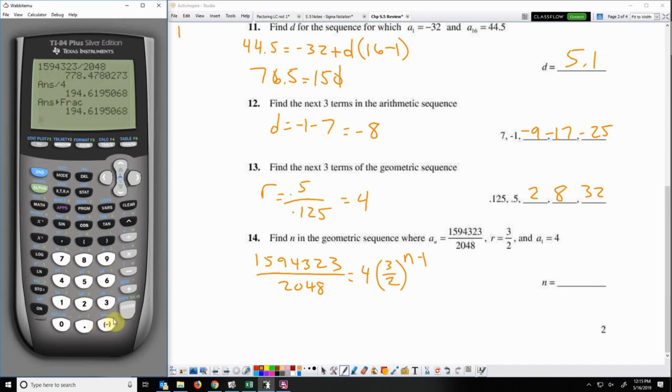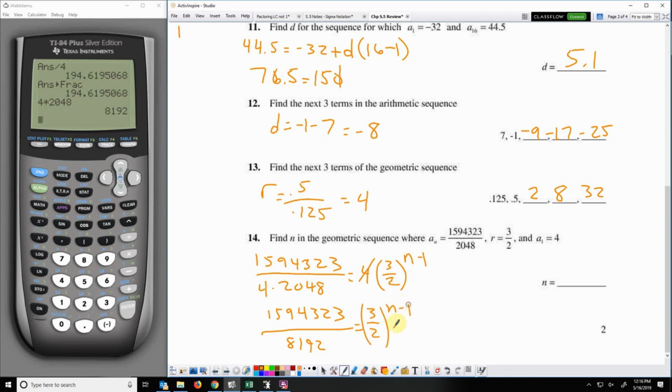Okay, so it does not want to give me that as a fraction, so I'm just going to be a little more tricky than that, and I'm going to divide both sides by 4 like this: 1594323 over 4 times 2048 equals 3/2 to the n minus 1 power.